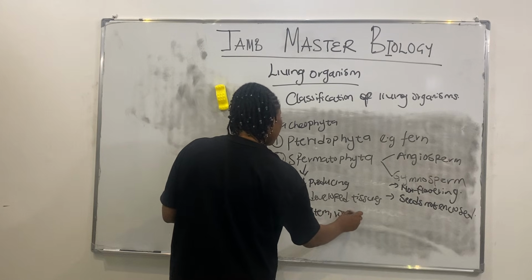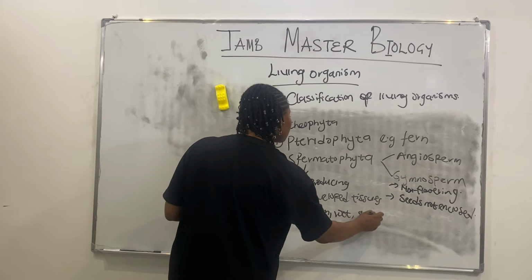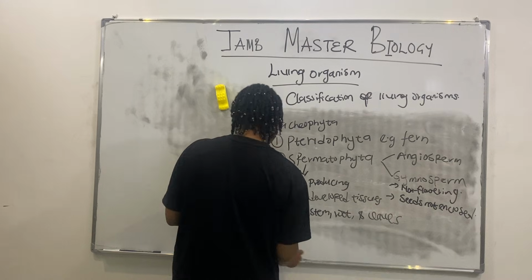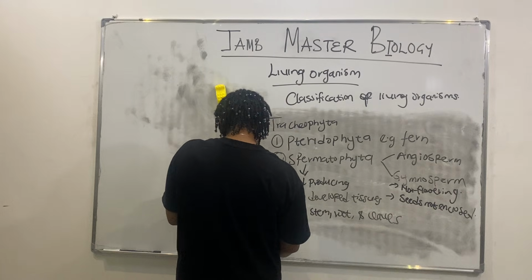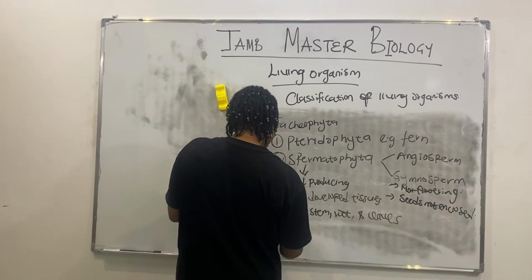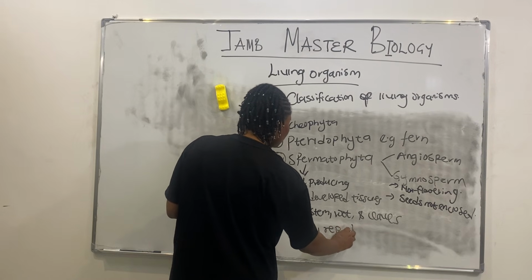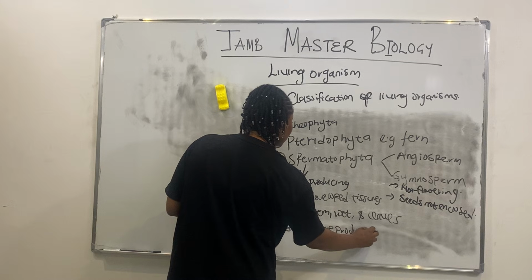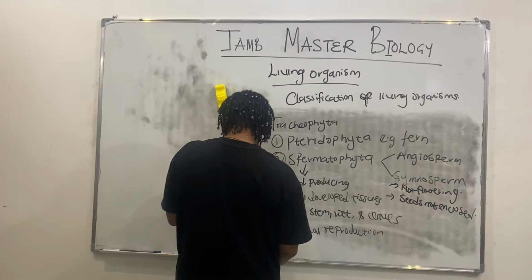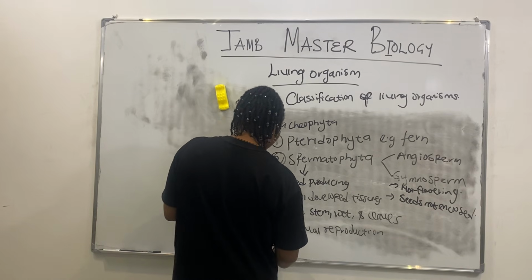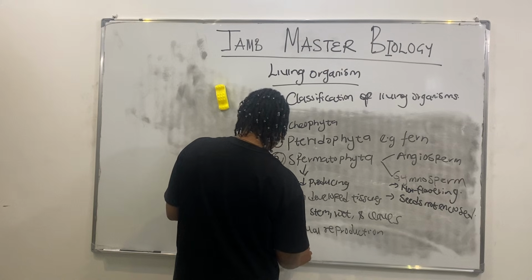Number 4, sexual reproduction. Then number 5, habitat: terrestrial organism.